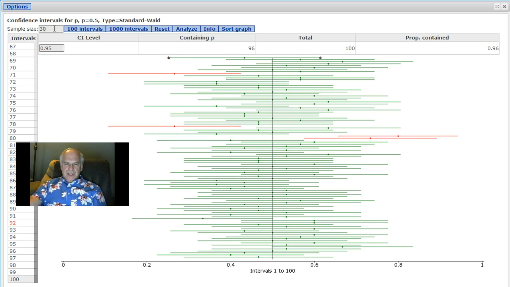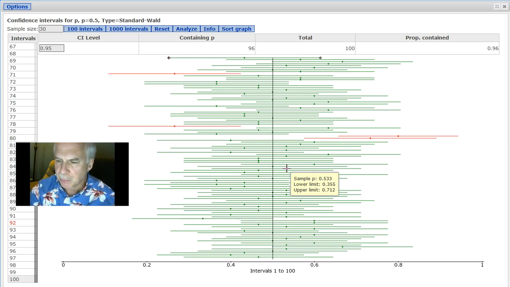Well, if you did a sample of 30 of these and then estimated the sample proportions, and then created confidence intervals from that, most of them, about 95% of the time, your confidence interval, like this one here, that has a sample proportion, or p-hat, of 0.533, and the lower limit 0.355 and the upper limit 0.712.